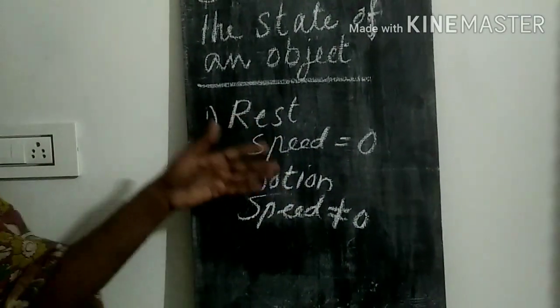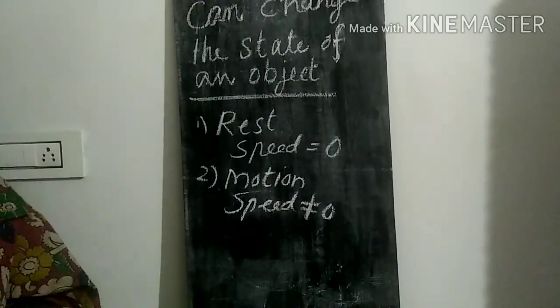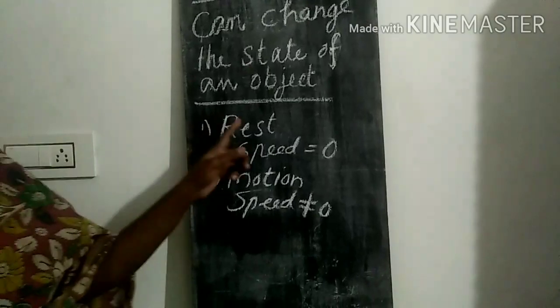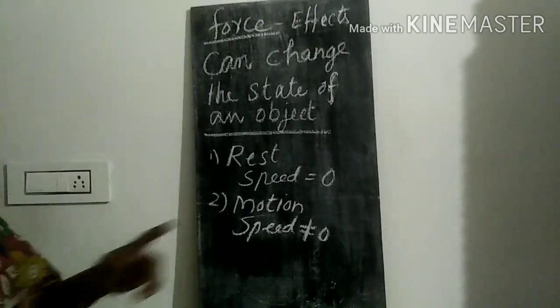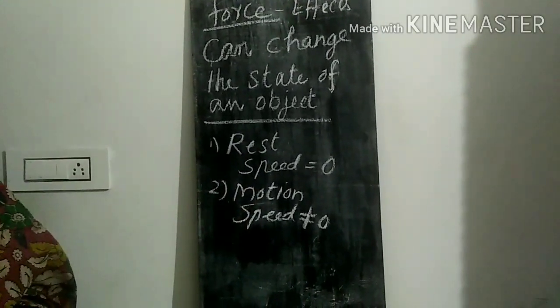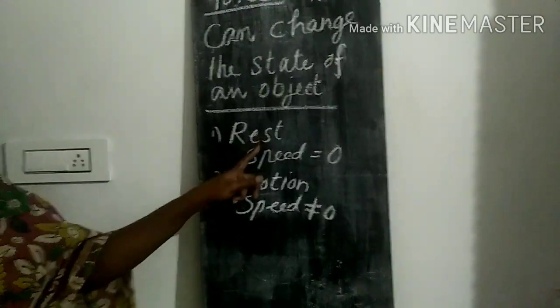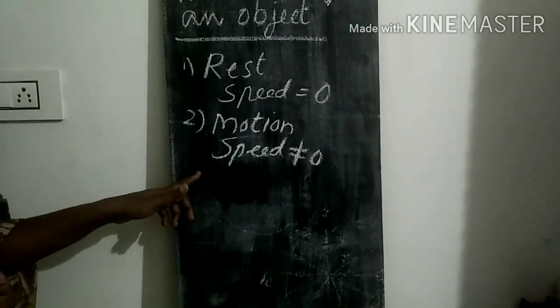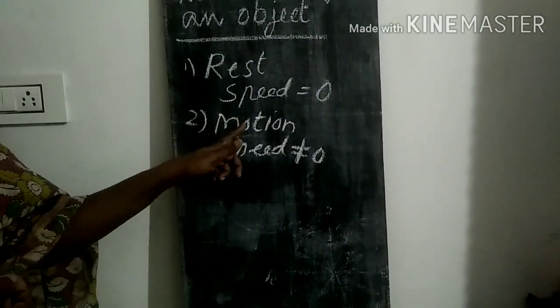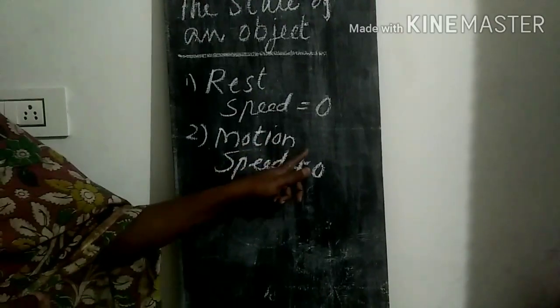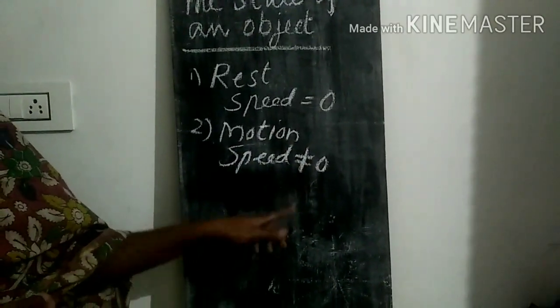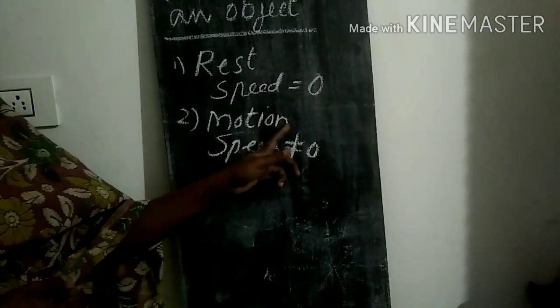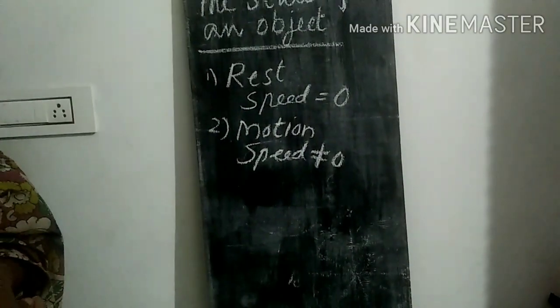When we apply any force on a rest object, the speed starts increasing. And when we apply some force on an object which is in motion, we can bring that object back to 0, or change the speed into 0.